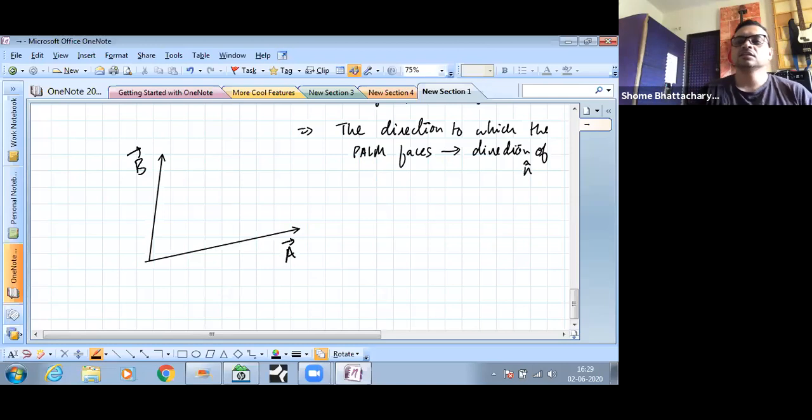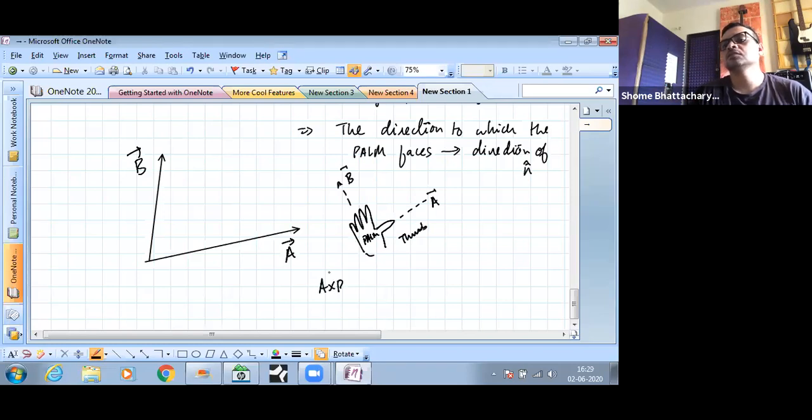So you can see that here A cross B. When you place your hand like this, this is your palm. This is along the direction of A. This is along the direction of B. So A cross B is coming out straight from the screen.